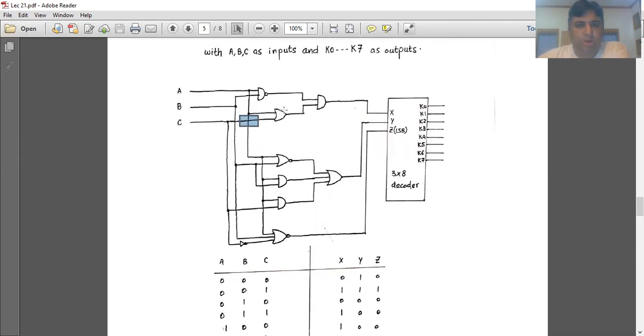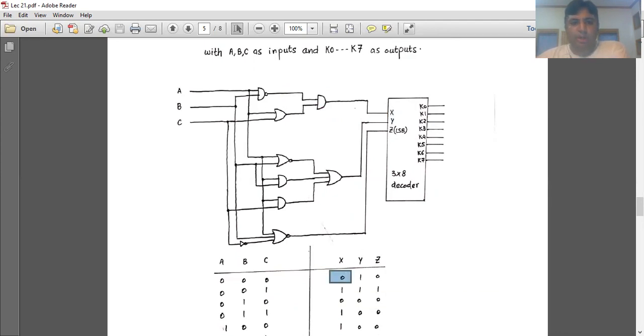So 0 plus 0 is equal to 0. So we have 1 here and 0 here. This is the AND gate whose one input is 1 and one input is 0. If an AND gate has one input as 1 and the other as 0, it gives 0 output. So X will be 0, and we write 0 here.